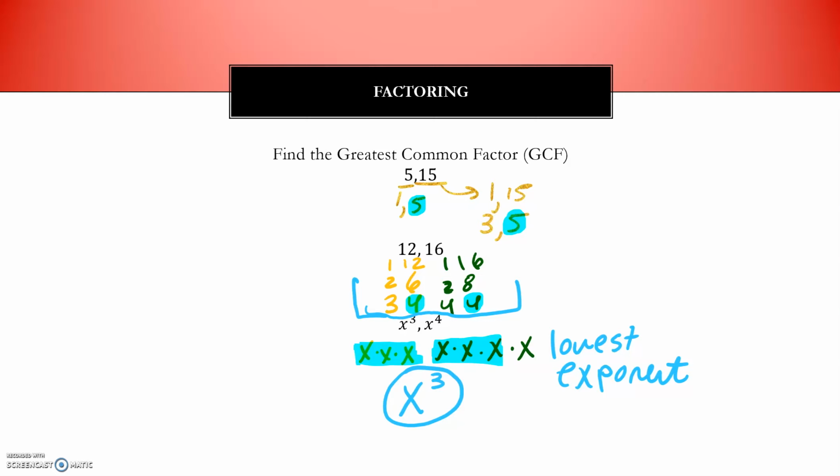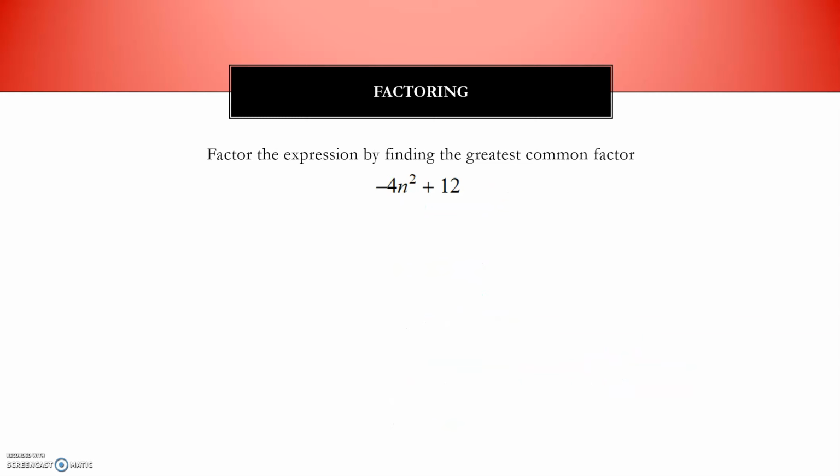Okay? So let's take a look at what this means for polynomials. Factor the expression here by finding the greatest common factor. There are two parts. I need a greatest common factor for my numbers, 4 and 12. So 4 has factors 1 and 4, 2 and 2. And for 12, I have 1 and 12, 2 and 6, 3 and 4.